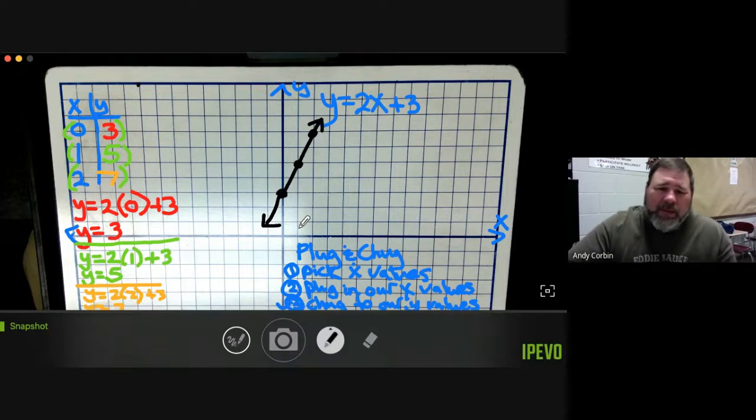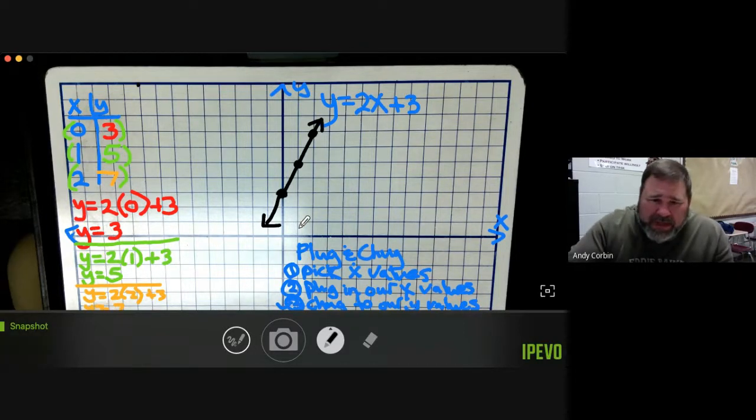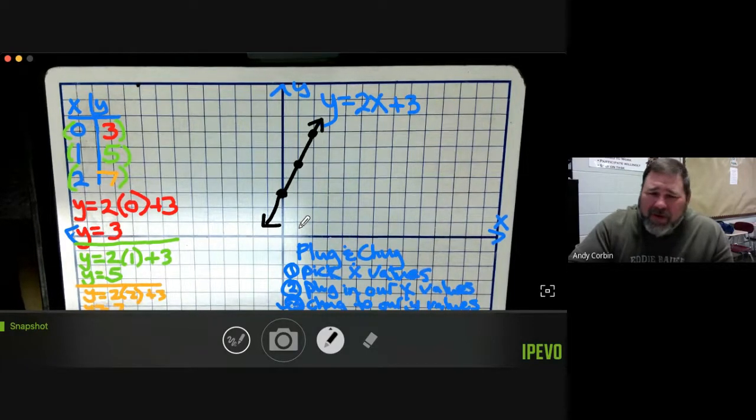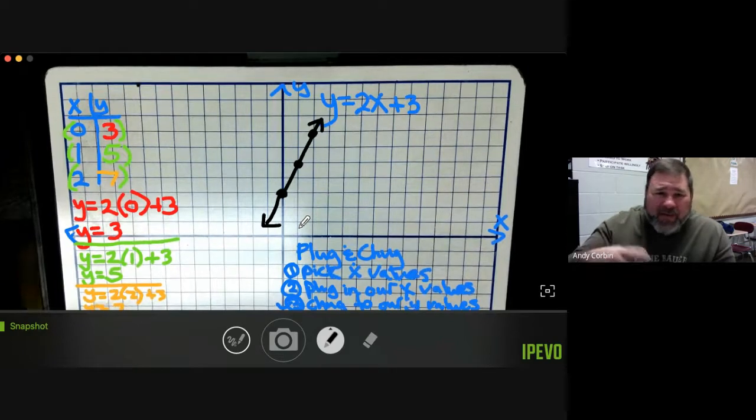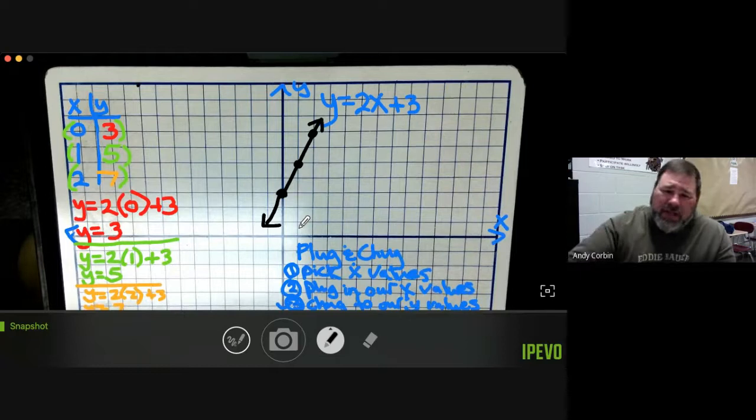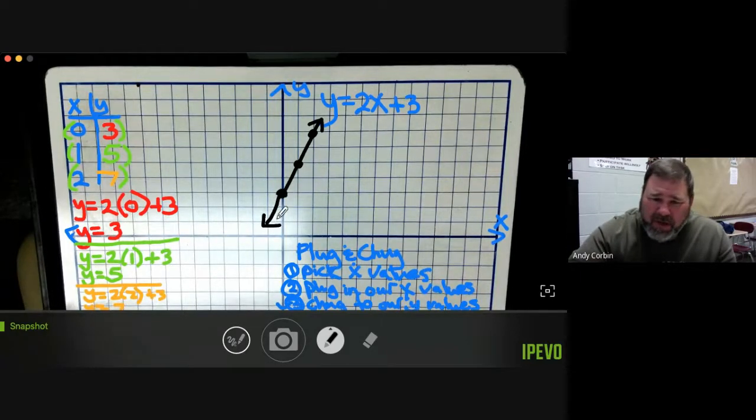Okay. Now, let me tell you guys, get some graph paper because it's going to help you. Okay. Hand-drawn graphs are shady at best. Okay. I mean, they're sketchy because they're hand-drawn graphs. So some things that we use to help us with hand-drawn graphs are graph paper and a straight edge. Just a ruler, the side of a notebook, a piece of cardboard, something like that, just so you can draw a straight line. You see how much trouble I had drawing that?